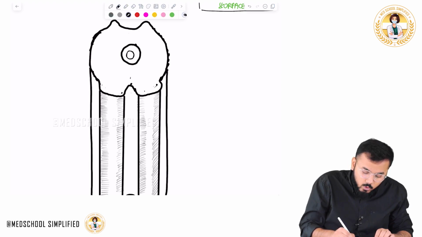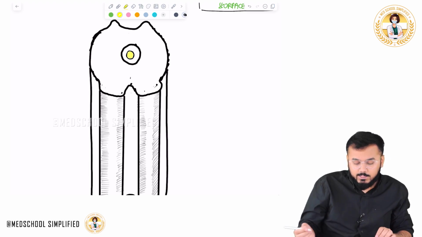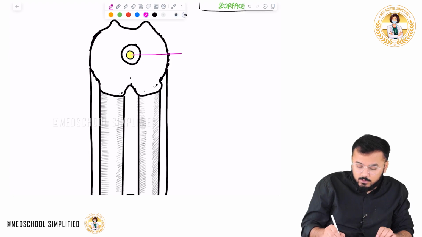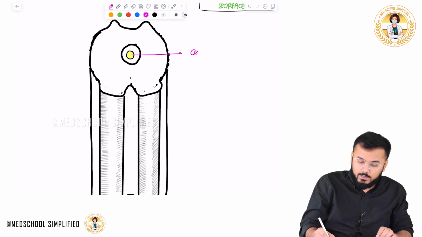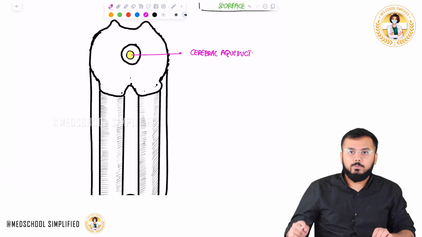So what is this opening in the center? This is called the cerebral aqueduct.